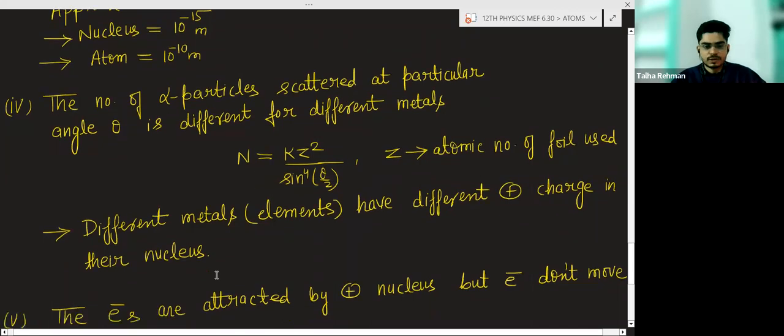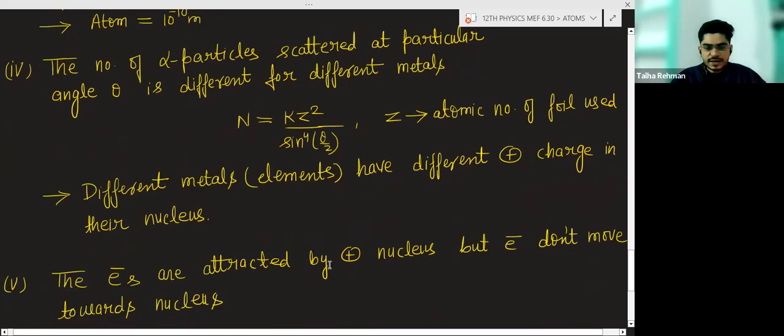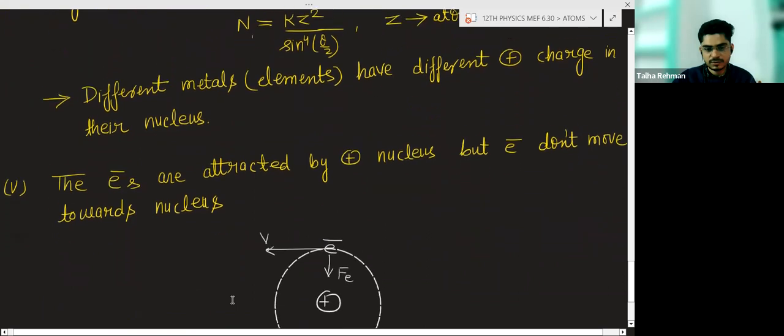Another point: the electrons are attracted by the positive nucleus, but electrons don't move towards the nucleus. There is one more conclusion from this experiment. So what is the reason for that?